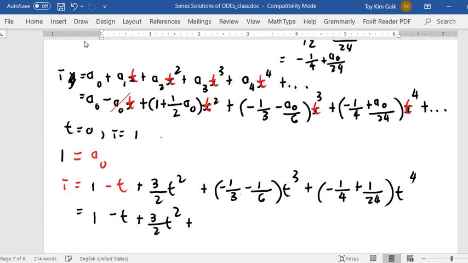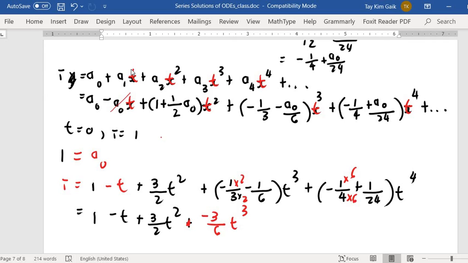This one is times 2 times 2. So negative half, negative 2 minus 1, negative 3. So we got negative 3 over 6 t cubed. This is times 6 times 6.